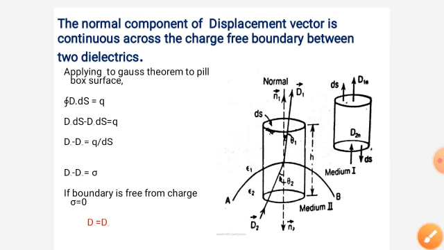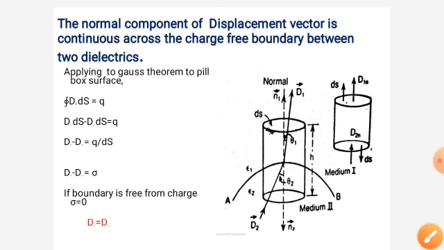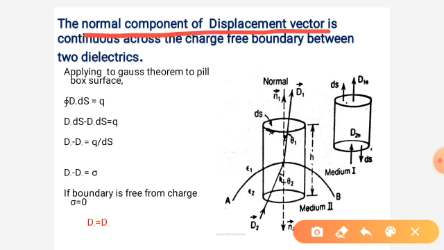So in these two boundaries, the displacement vector is D2 for epsilon 2 and it is D1 for epsilon 1. These two vectors make an angle theta 1 in dielectric epsilon 1 and theta 2 in the dielectric medium epsilon 2. Our definition is the normal component of displacement vector.